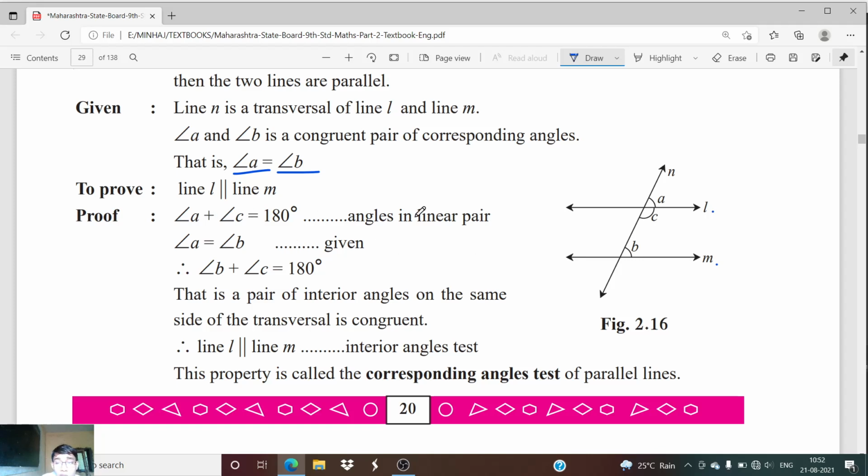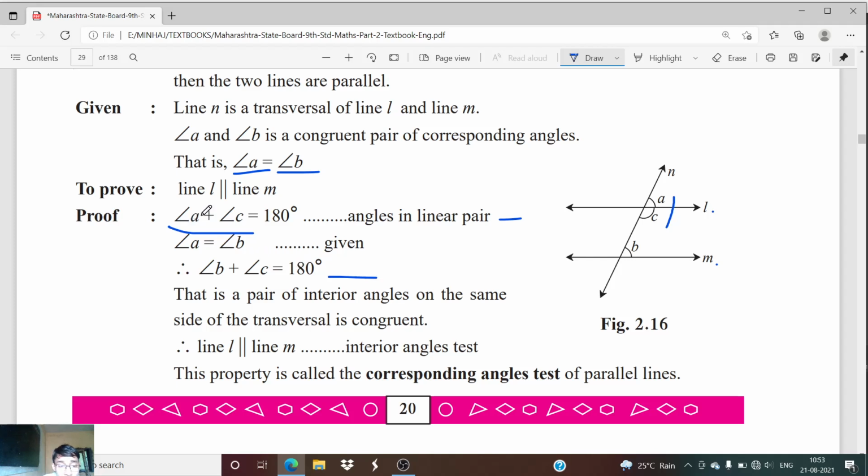You can see that angle A and angle C are in a linear pair, so the sum of the angles in a linear pair is 180 degrees. I have written here angle A plus angle C is equal to 180 degrees. Now as it is given that angle A is equal to angle B, I can write angle B plus angle C is equal to 180 degrees.